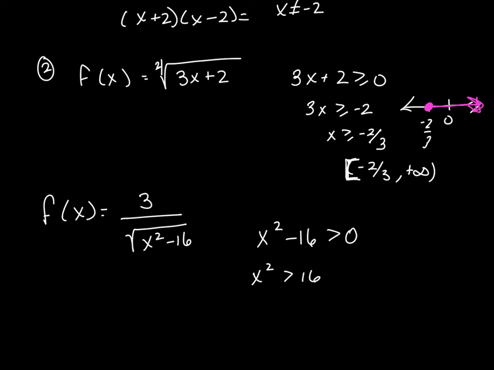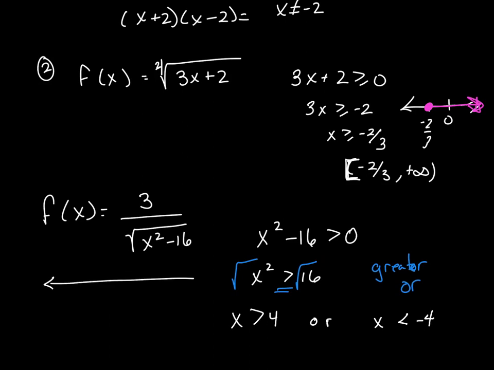Whenever the inequality is greater, think of that as "greater" and "or", and you write an or statement, because when you take the square root of both sides of this, I need that or statement. I need to say that x is greater than 4, or x is less than negative 4.